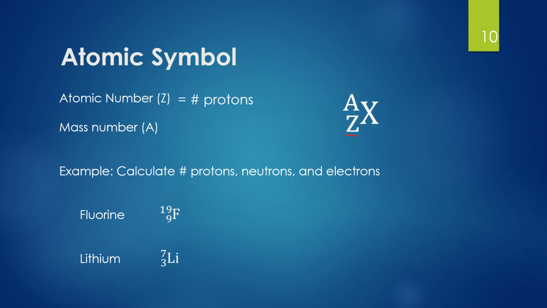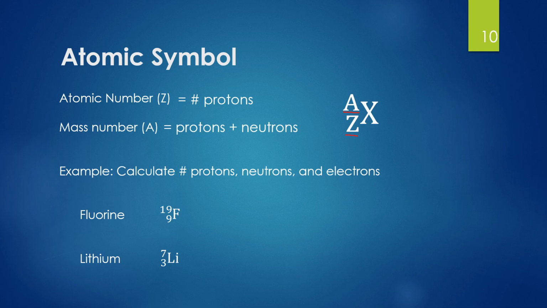Next, let's look at the mass number, represented by the letter A in the upper left-hand corner of this atomic symbol. For mass number, we've actually already talked about it. Mass number is going to be the protons and neutrons located in the nucleus of that particular atom.